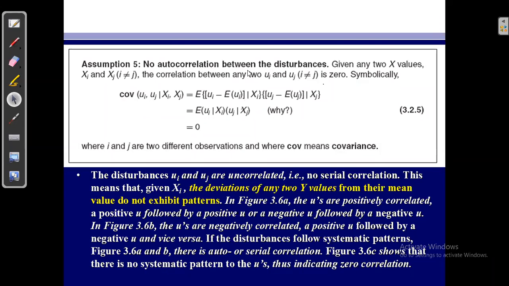In simplest possible words, this assumption is saying that the correlation between different values of the disturbance term should be 0, right? There should be no overlap between different values of the disturbance term. But if this assumption is violated, if there is a correlation between different values of the disturbance term, then we say that this is a problem of what we call autocorrelation.